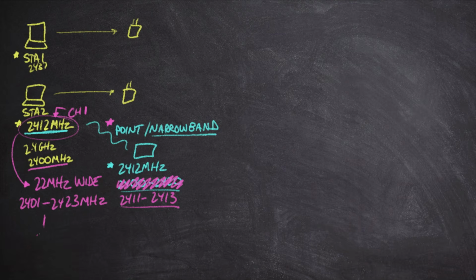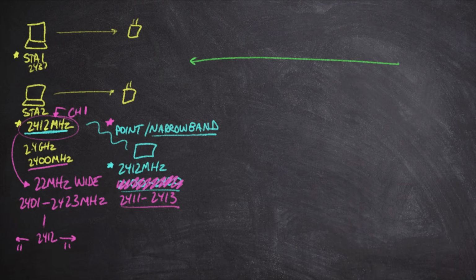So right there in the middle is still that 2412, but now I've got 11 megahertz to the left, 11 megahertz to the right, and as we can see, I have a much wider range of frequencies that I'm broadcasting at. So let's visualize this a little bit.